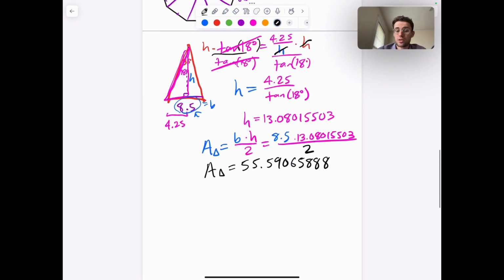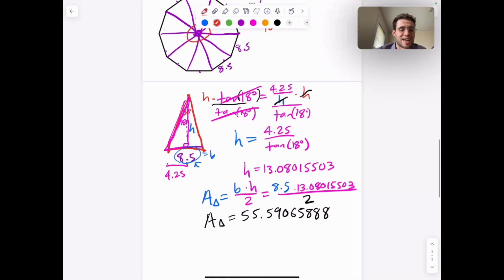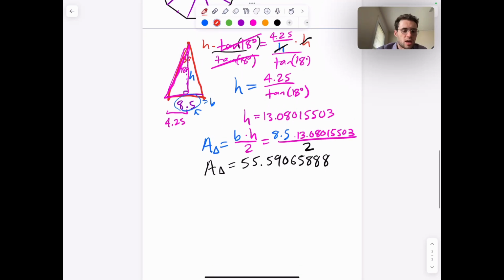All right, so again, I'm still not going to round because I need to multiply that by the number of sides. We had a decagon, so we could say the area of the decagon is equal to 10 times the area of the triangle. So 10 times 55.590658888. That's essentially just going to move the decimal place over 1.